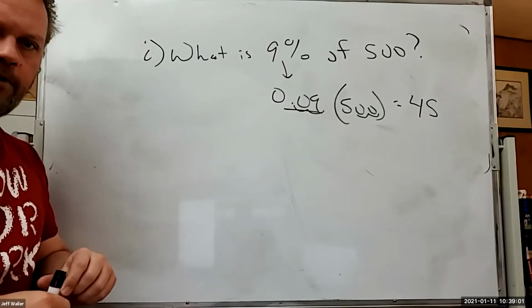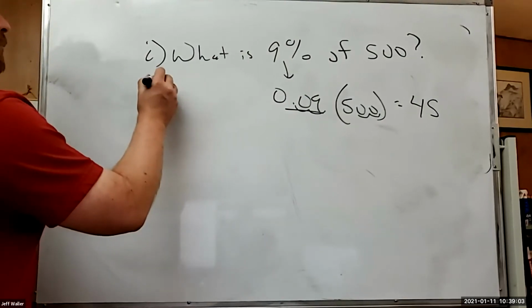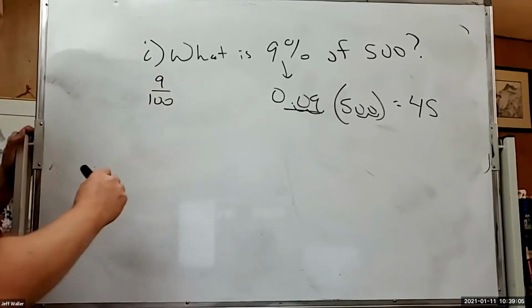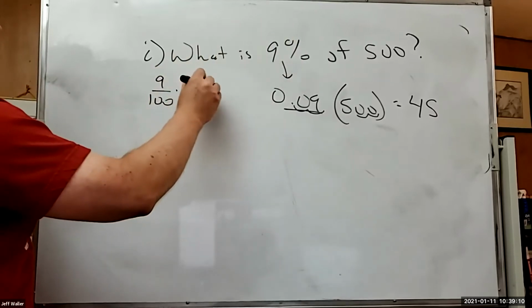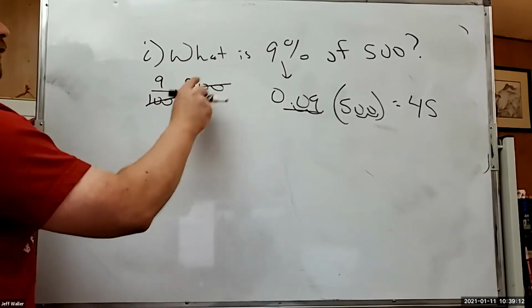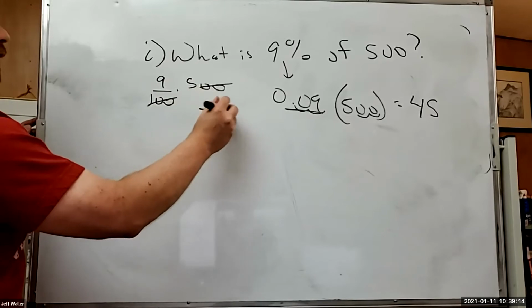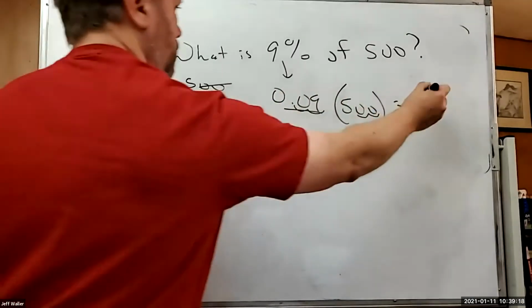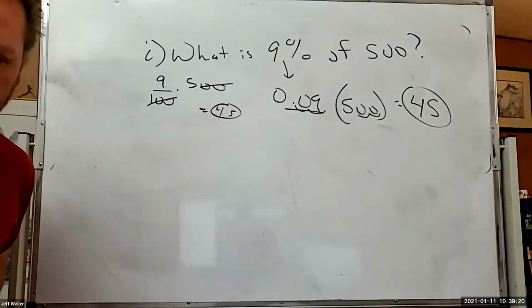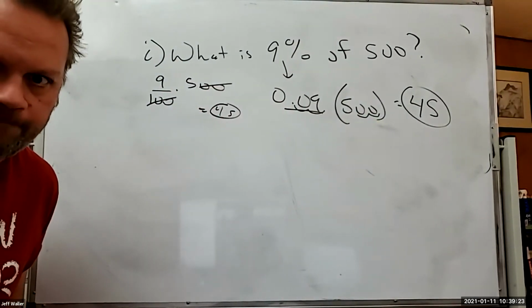All right. Another way to do it real quick. 9% is 9 over 100, right? Of means times 500. 100 goes into 500 5 times. 5 times 9 is 45. Mathematically, I just did the same thing. That's why I get the same answer. I'm just showing you another way.